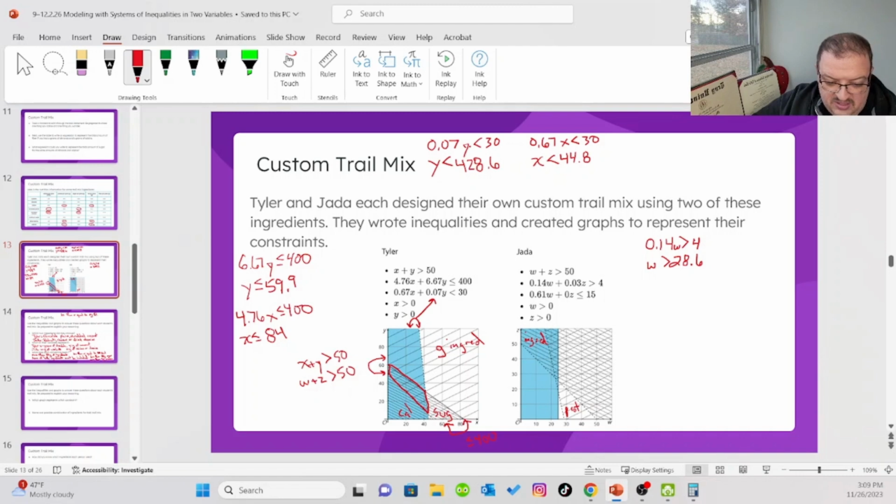And then our last one here, W would need to be less than or equal to 15 divided by 0.61, which would be approximately 24.6.